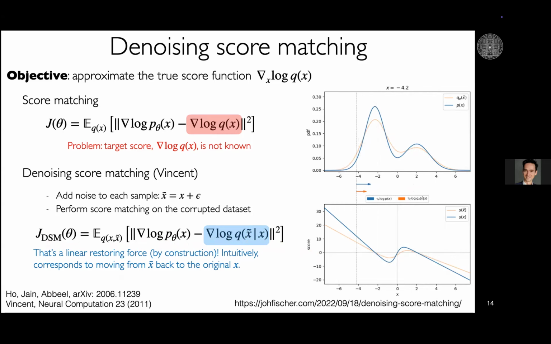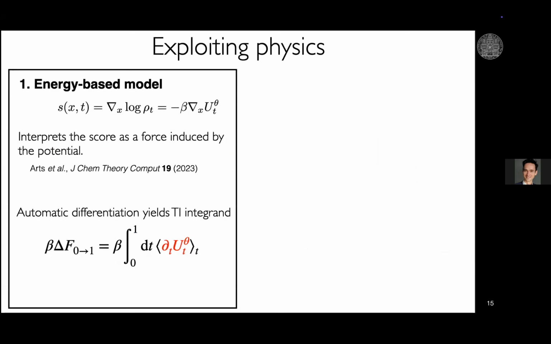And so basically what you're doing is that you noise your data, and what you're trying to learn is how to correct for the noise that you've introduced. In particular, if this noise is Gaussian, then this object here corresponds to a restoring force that you're trying to cancel or correct for. And so this is something you can easily construct and then learn against. And so that's the idea we'll be following here.